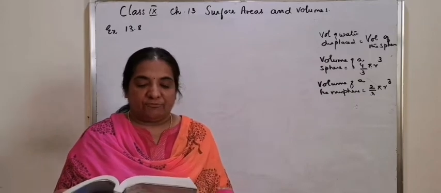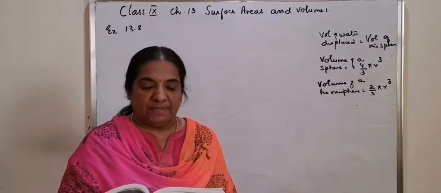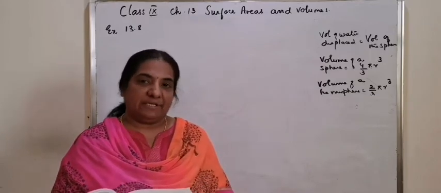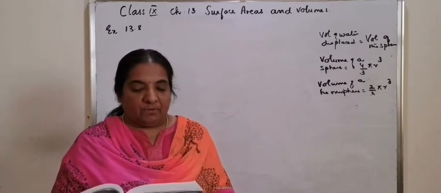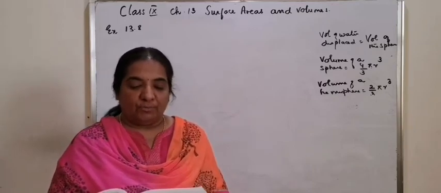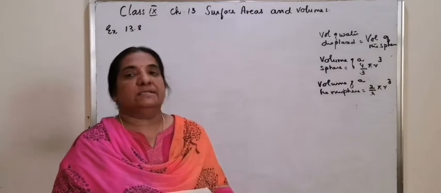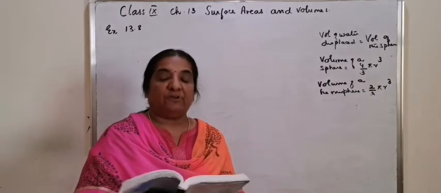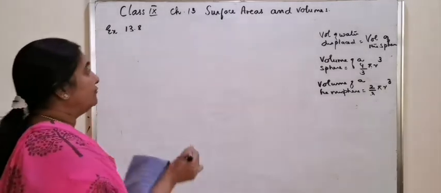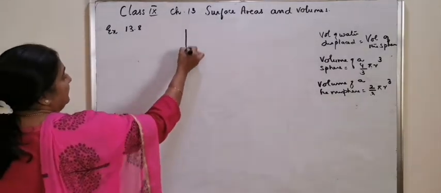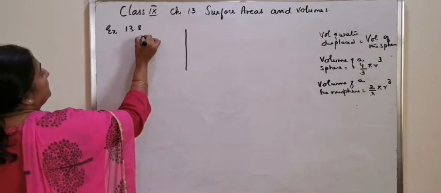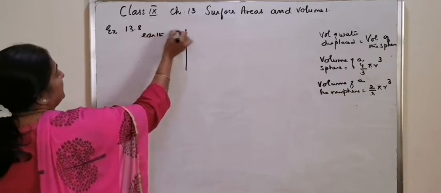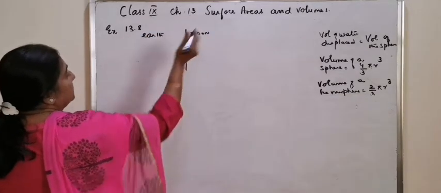Question number 4. The diameter of moon is approximately 1/4 the diameter of earth. What fraction of the volume of earth is the volume of moon? So let's divide as the first part for earth and moon.